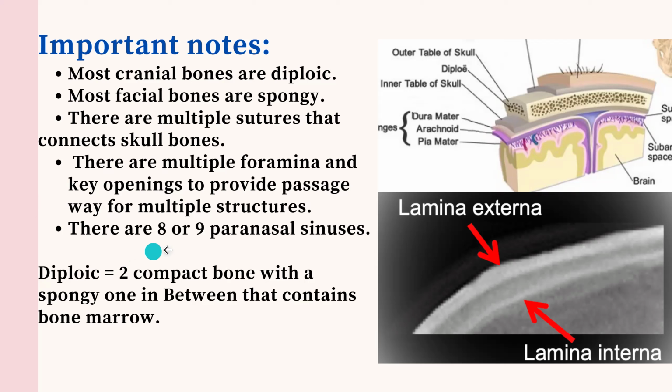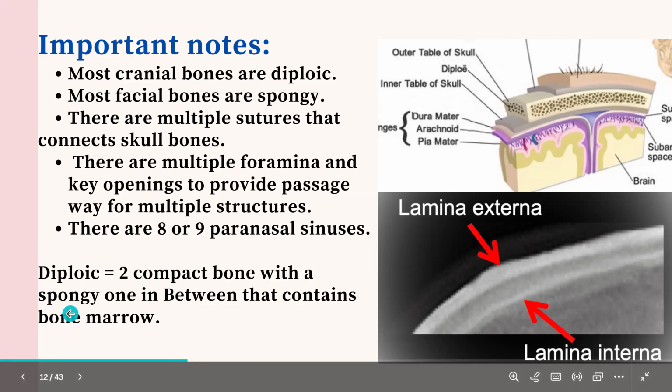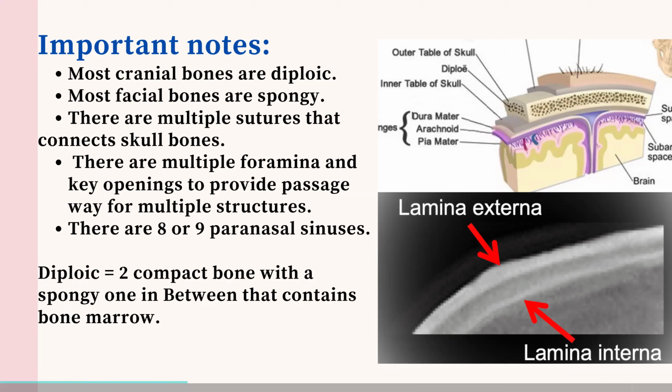There are 8 or 9 paranasal sinuses. We will study them. And diploic: I'm explaining the meaning of diploic here. Two compact bones with a spongy one in between that contains bone marrow.